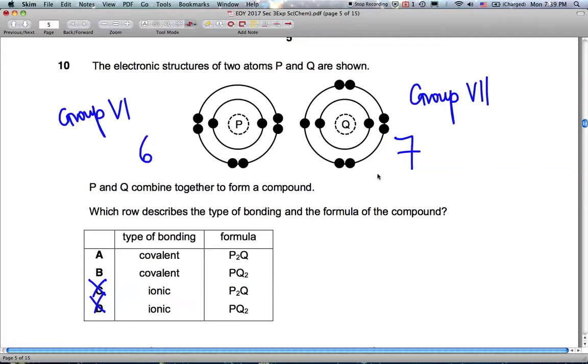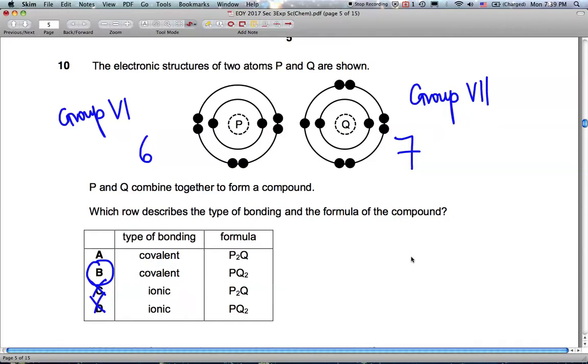For atom Q, it is 1 electron away from achieving the full valence shell, and it will use 1 electron for sharing. Therefore, it will form the compound PQ2, because one atom of P will be able to form 2 bonds, since it needs 2 electrons to obtain a full valence shell.